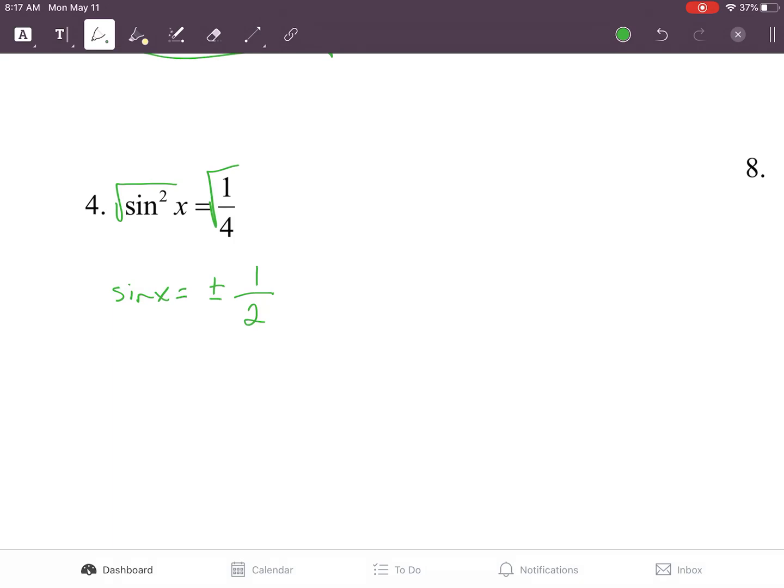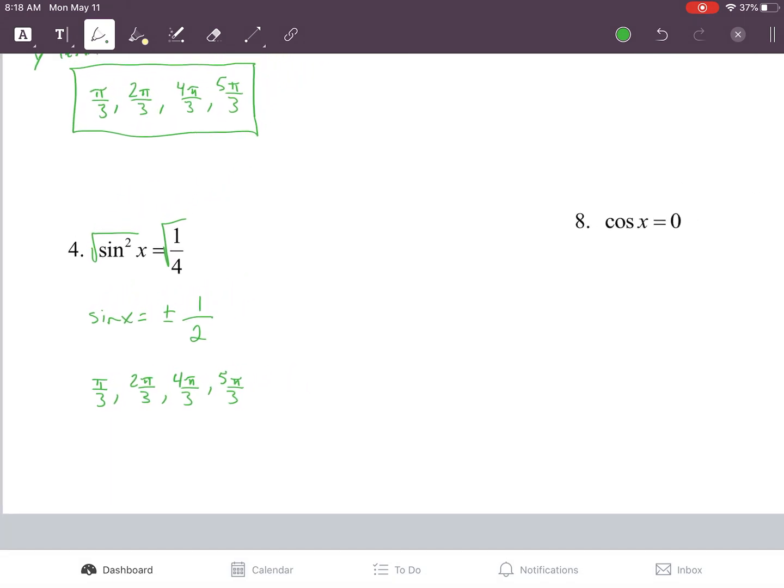We're going to find all the instances where the y term, since it is sine, is positive or negative 1/2. Again, there are 4 of them. So you have pi over 3, 2 pi over 3, 4 pi over 3, and 5 pi over 3.